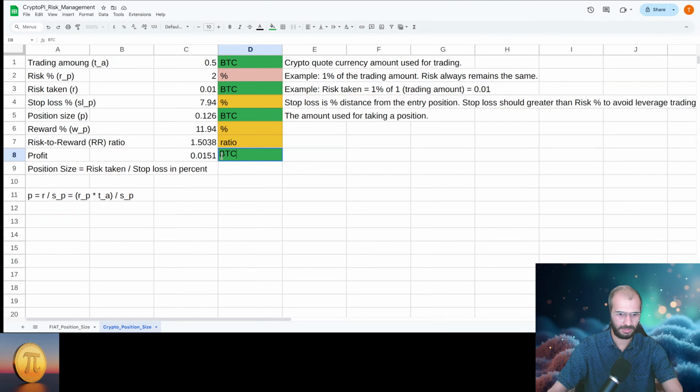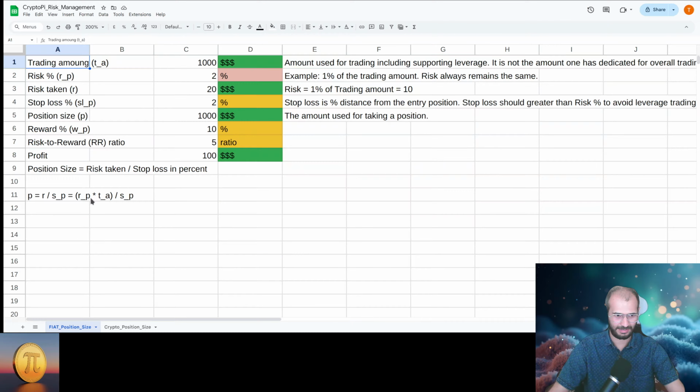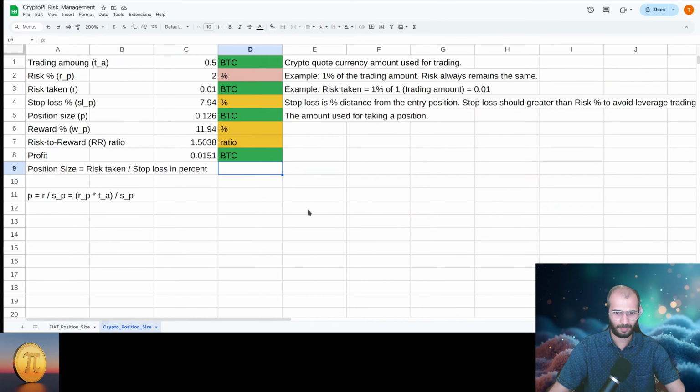This should be BTC. As you can see, this equation of position size works in BTC as well as for USDT. And in the last video, or the video before that, I mentioned that we have to be careful about setting our stop loss below 1%, because in that example the risk was 1%, and when you set the stop loss below the risk percentage, you end up taking more leverage.